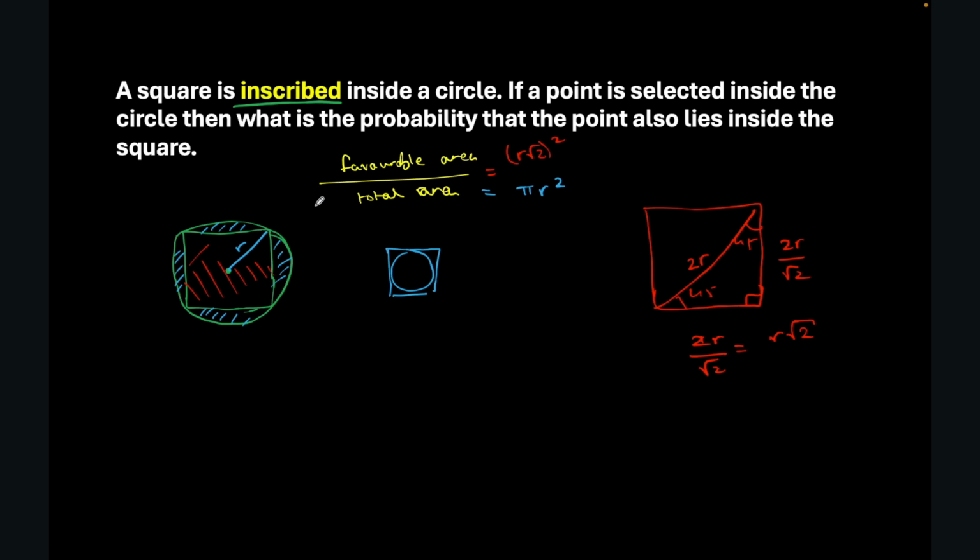Now let's bring it down here. So the probability is going to be r squared times 2, because square root of 2 whole squared is 2, divided by pi r squared. Cancel, cancel, and I'm left with 2 by pi. So the probability that the point also lies inside the square is 2 by pi.